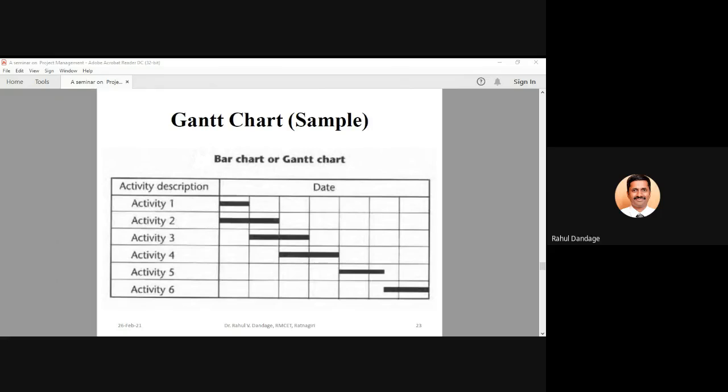If activity 2 would have been dependent on activity 1, then how much would be the total time duration for the two activities?